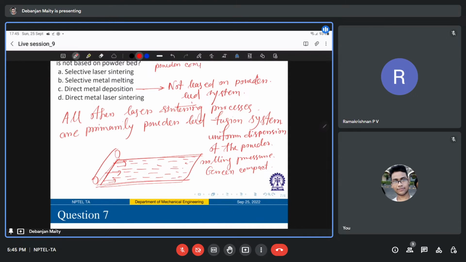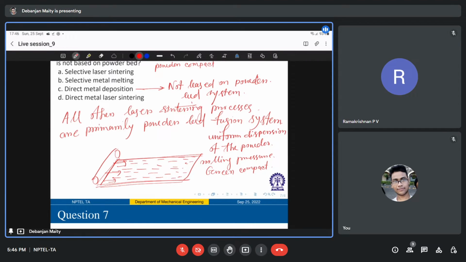In powder compaction, you have a punch and a die, and you keep your loose powders in the die, and if you punch it with some uniform pressure, you can form a thick green compact, which of course does not have the strength that a sintered part has, because of the temperature and pressure generation, right?